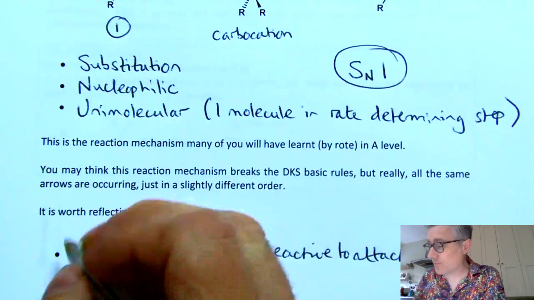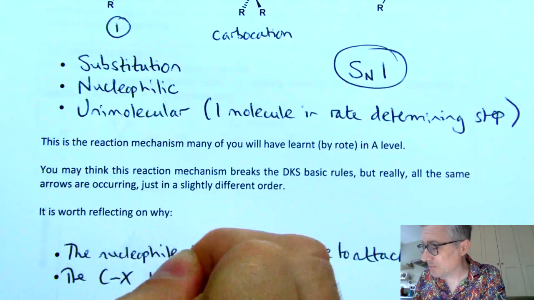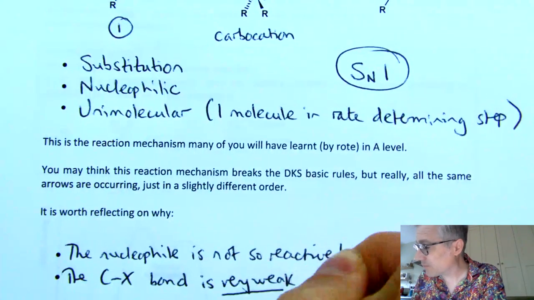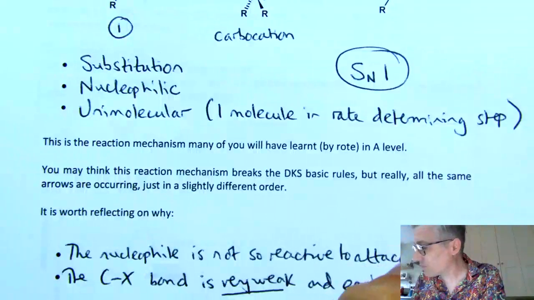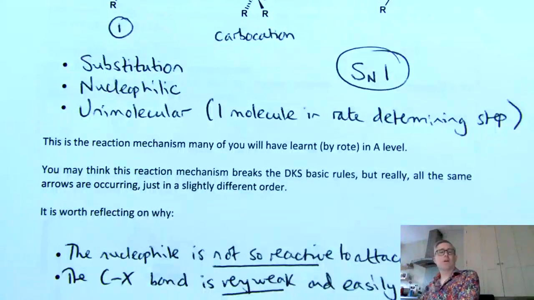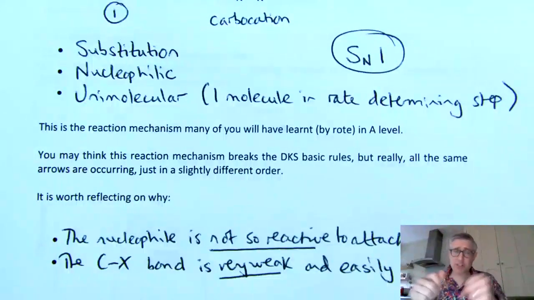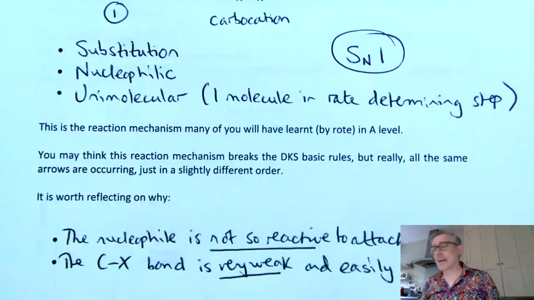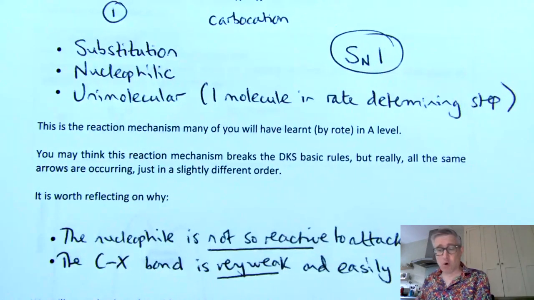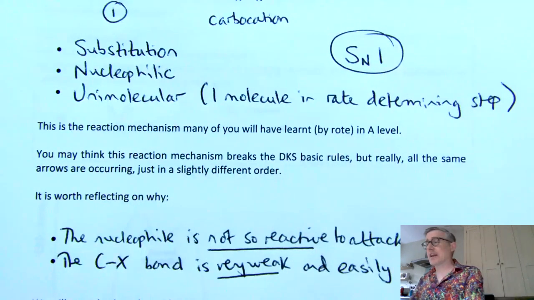Or maybe the CX bond is really very weak and easily broken. So maybe the CX bond is so weak it just falls apart before the nucleophile attacks. Both of those factors would change the order of the arrows and favour an SN1 mechanism over an SN2 mechanism. And we'll come back to these ideas in more detail in the next screencast.